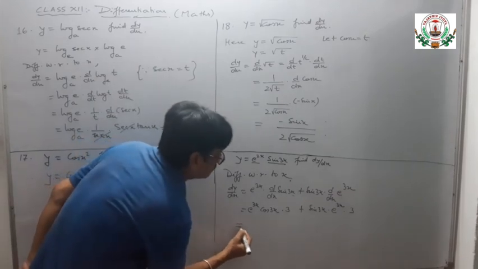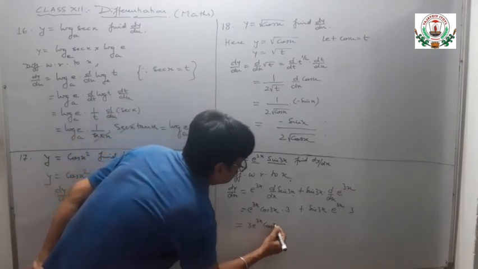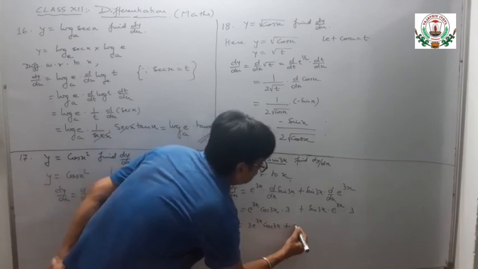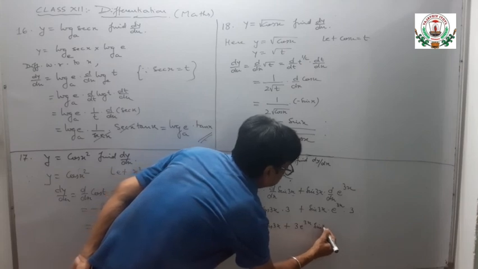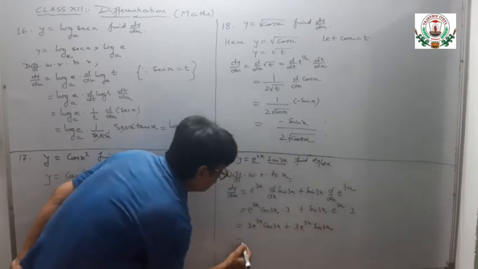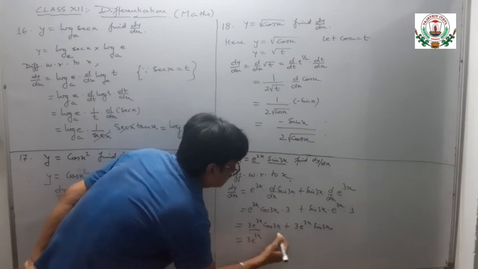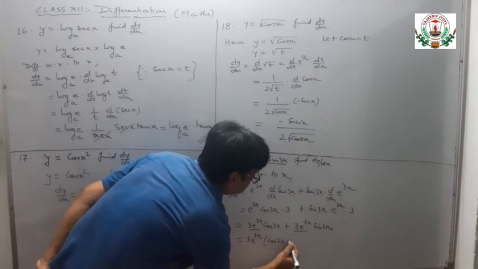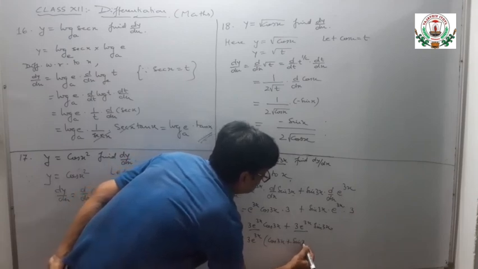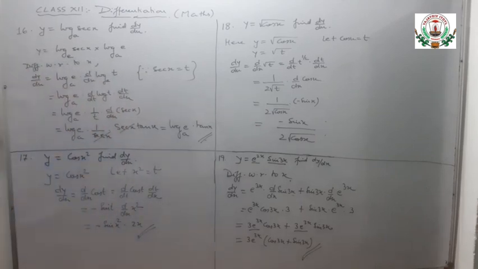So this becomes 3 e to the power 3x into cos 3x plus 3 e to the power 3x into sin 3x. If I want to take common, I can take 3 e to the power 3x common, and in the bracket cos 3x plus sin 3x. This will be our differentiation of y equals e to the power 3x into sin 3x.